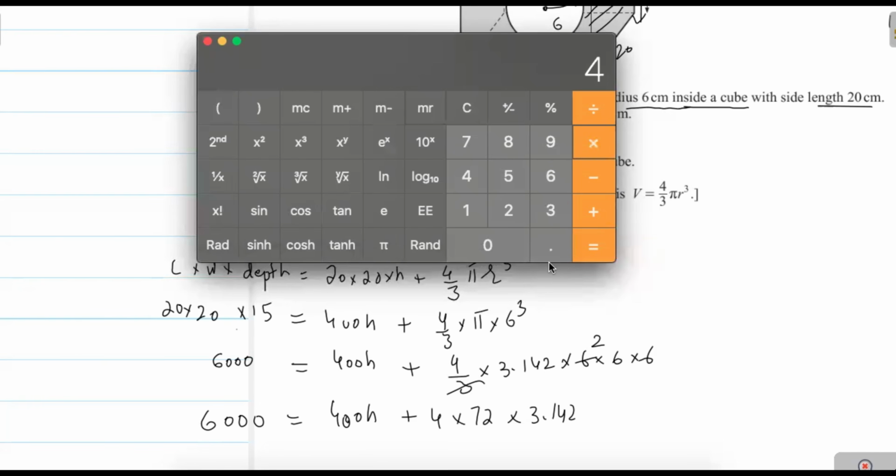Now 4 multiply 3.142 multiply 72, and that's equal to 904.896.